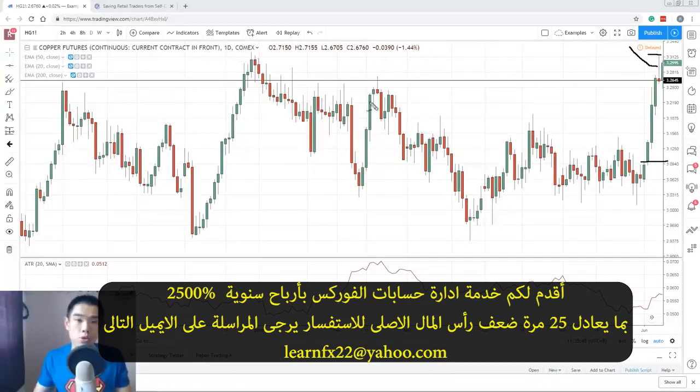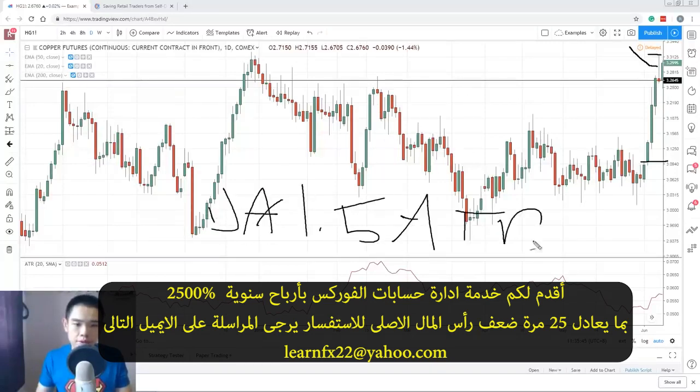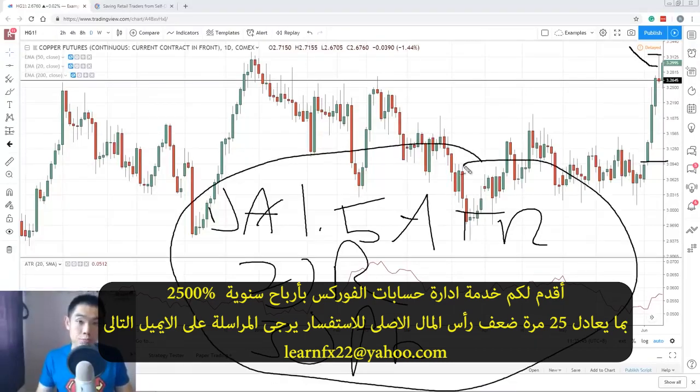Number one, you saw earlier that for the week, it has hit more than 1.5 times ATR. Number two, you had this resistance. Number three, you have this bearish pin bar, basically a shooting star, or a price rejection. So this really gives you a high probability that the market is likely to reverse lower because there are these three factors coming into play.